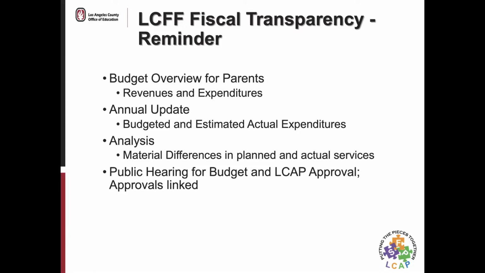And they may have been different than what you thought when you planned it. But the annual update's the place where that's explained. And then there's an analysis of your material differences in planned and actual services. And the public hearing is another one for the budget and the LCAP approval that's linked together. So all of this is, again, about transparency.